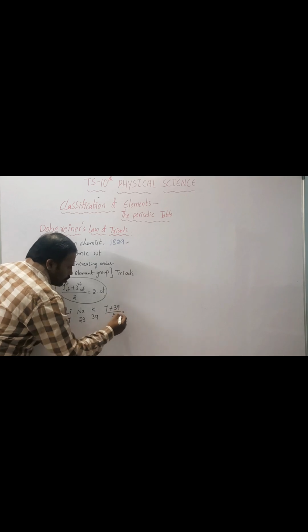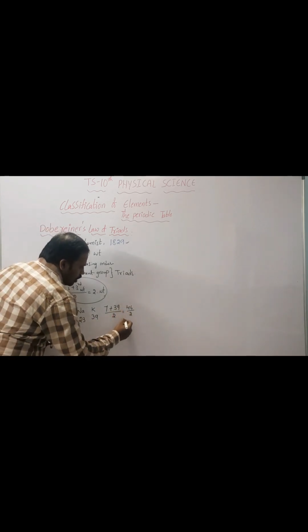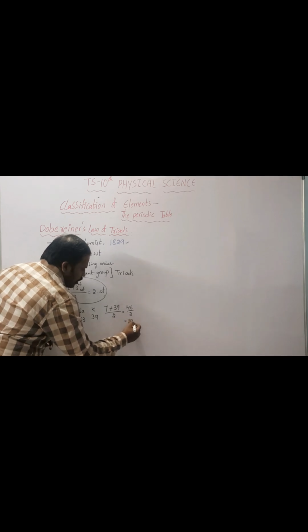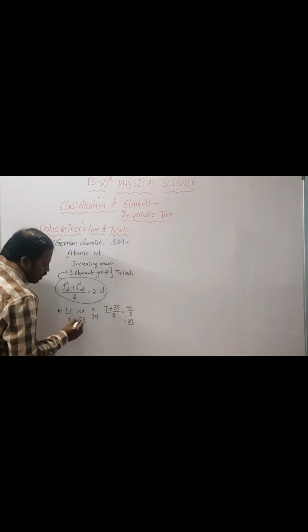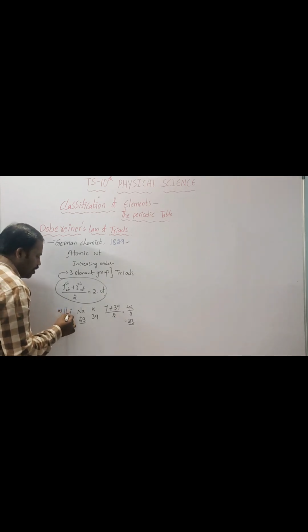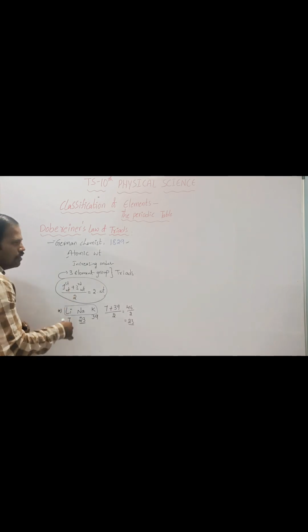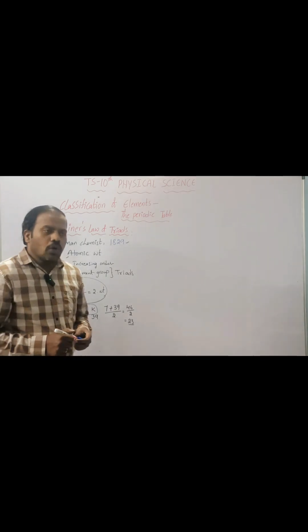The total is 46, divided by 2 gives 23, which is equal to the sodium value. So lithium, sodium, potassium is one triad. Like this, he gave the groups.